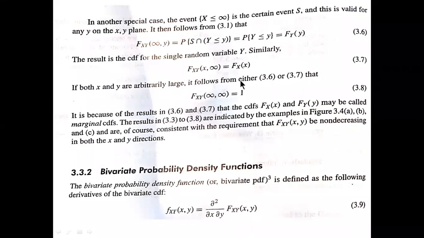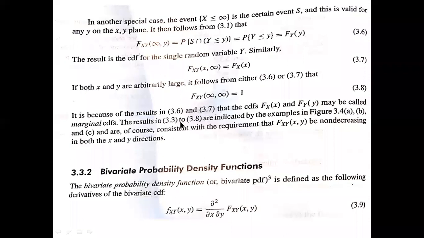When both x and y are arbitrarily large, it follows from equations 3.6 and 3.7 that fxy of infinity comma infinity is equal to 1. The results in 3.6 and 3.7, which are fx and fy, are called marginal CDFs.